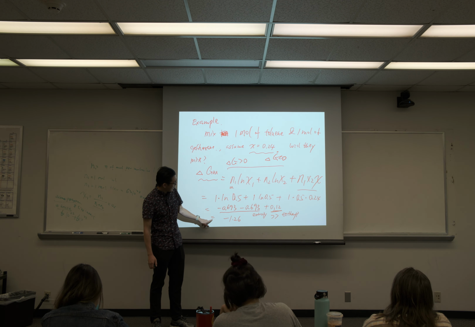So this will not favor mixing if chi is very big. And you can even calculate what chi will be the boundary of mixing or not mixing. You can use the same equation to treat the system. So I hope this gives everybody some idea how we can calculate energy of mixing using the regular solution theory if you know the chi value. And you can see if it's mixed or not. It really depends on chi.